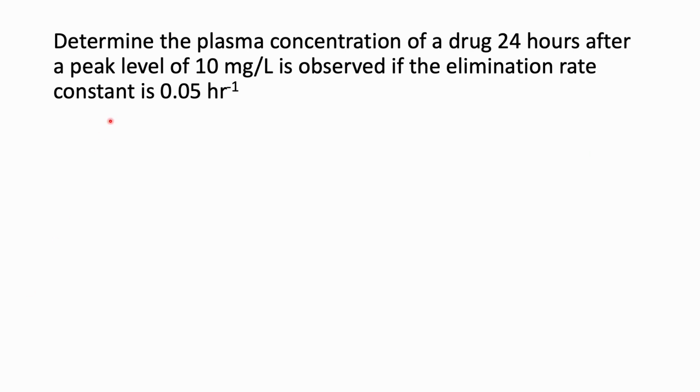Question: determine the plasma concentration of a drug 24 hours after a peak level of 10 milligram per liter is observed if the elimination rate constant is 0.05 per hour.